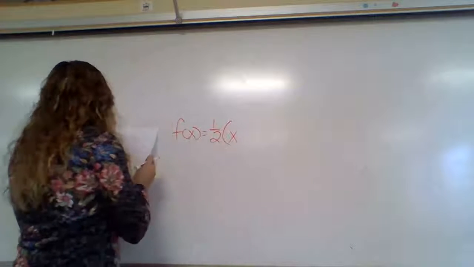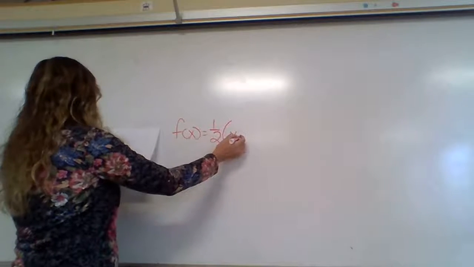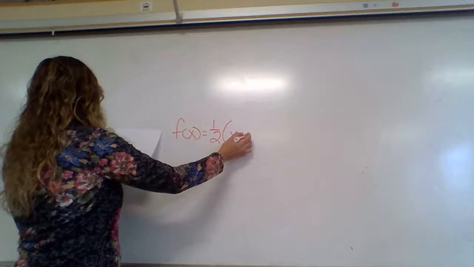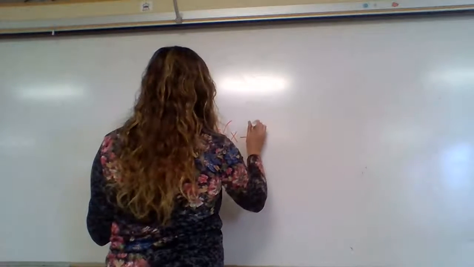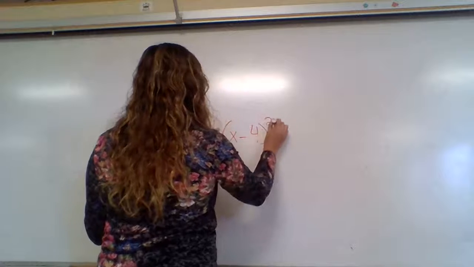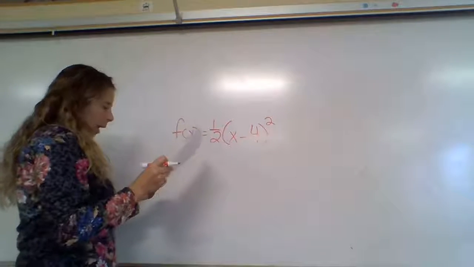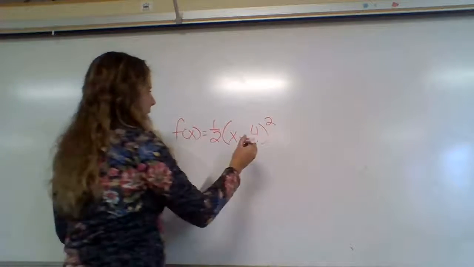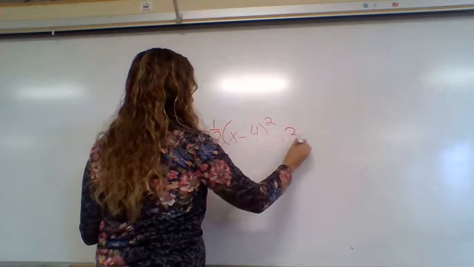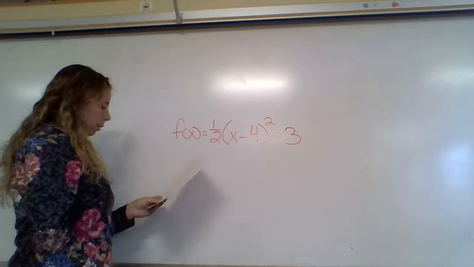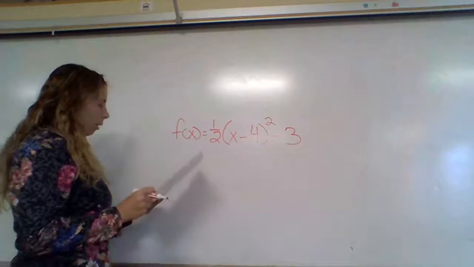And then inside, do I go left or right at all? I go right 4. So minus 4 squared. And then I shift down 3. So k is negative 3. So that is number 14.